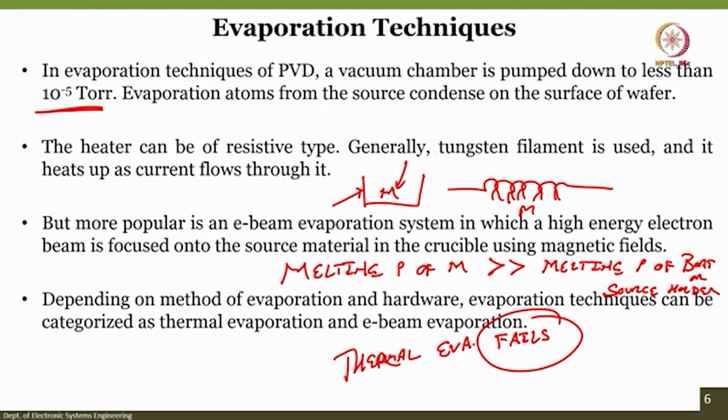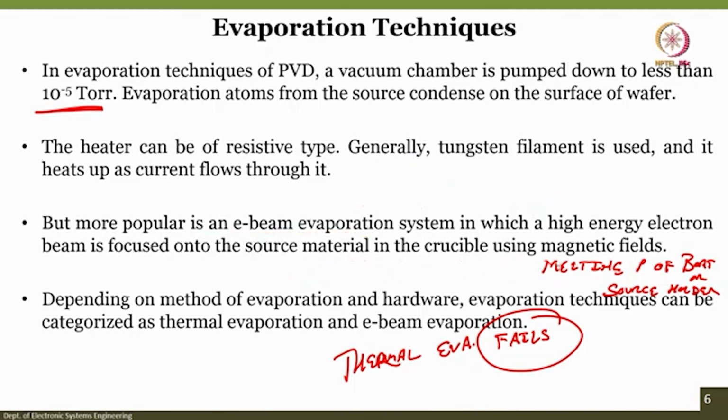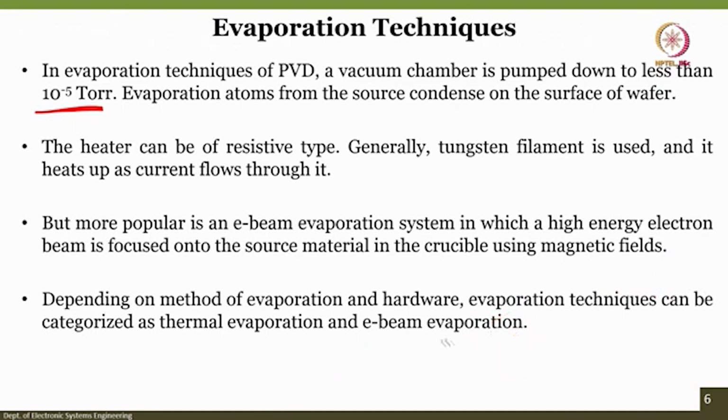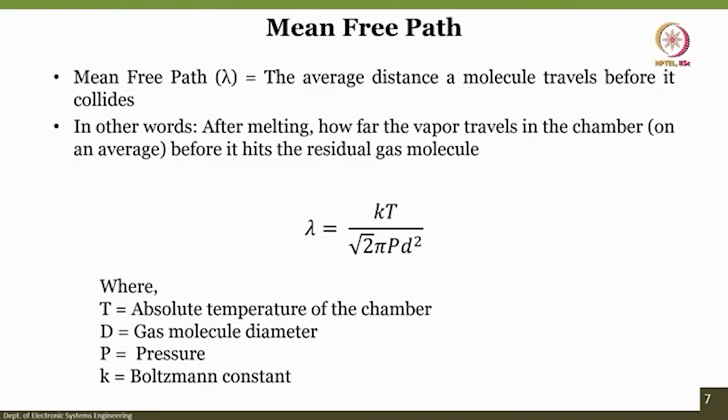So when we want to deposit such materials, we go for electron beam evaporation. Okay. That is the reason for E beam evaporation. When the material you want to deposit has a very high melting point compared to the material used for the boat, then we need to go for an E beam evaporation system. Depending on the method of evaporation and the hardware, the evaporation technique can be categorized as thermal evaporation and E beam evaporation.